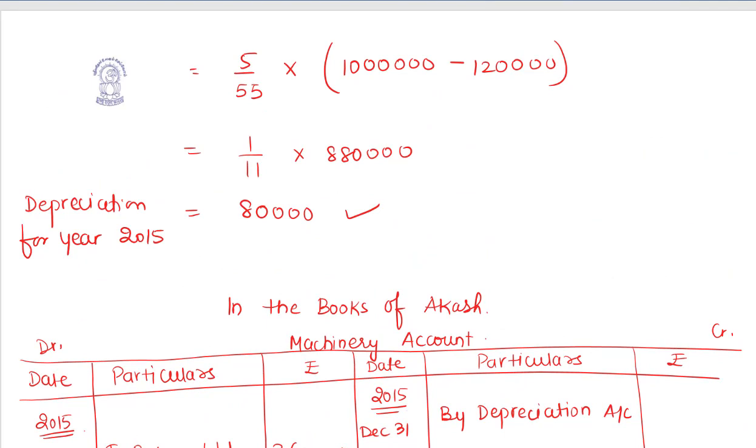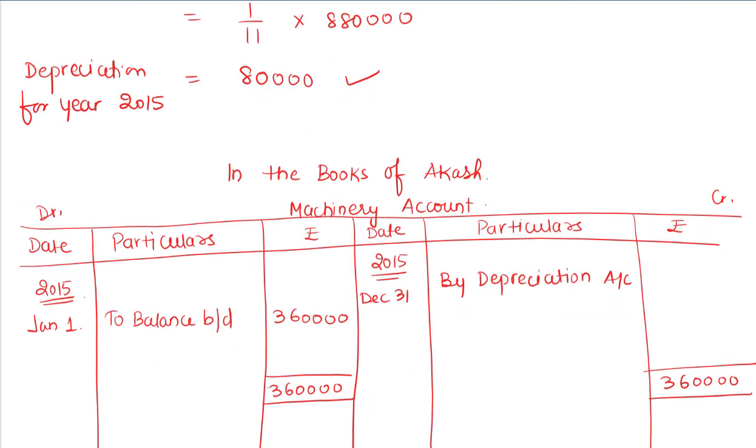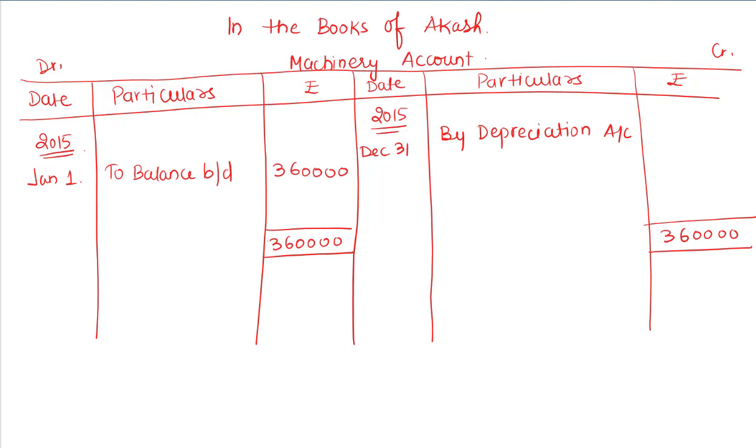So we'll write 80,000 over here. 3,60,000 minus 80,000 is 2,80,000, by balance carried down 2,80,000.